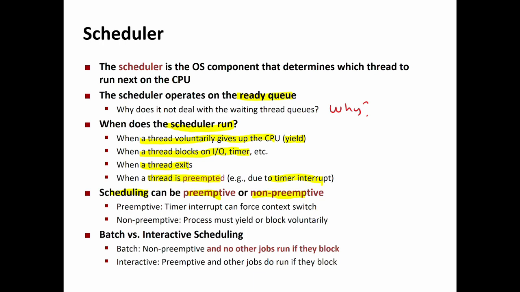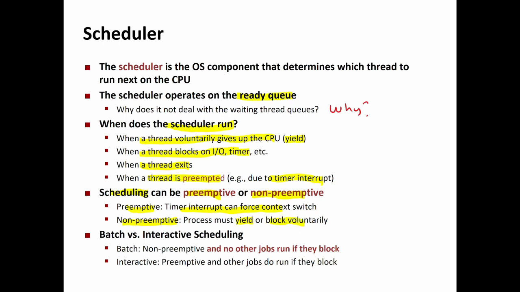In the preemptive case, we can use a timer interrupt to force a context switch. This is basically to forcefully take the CPU from the current thread and give it to someone else. And then there are the non-preemptive schedulers, in which case the process must either yield or go for I/O, etc.